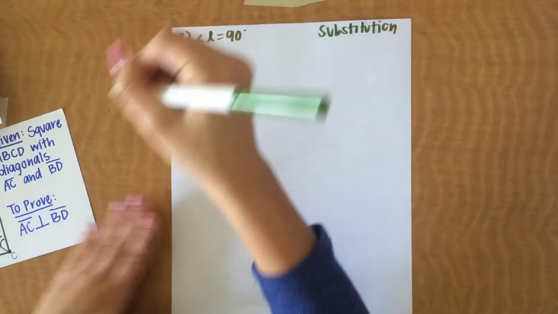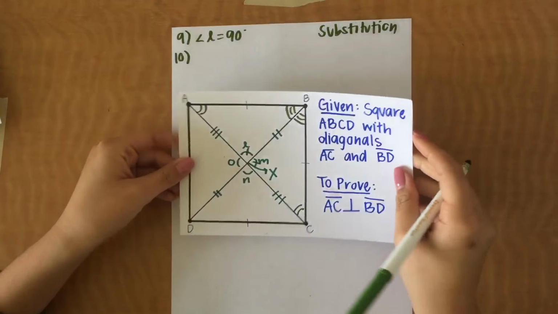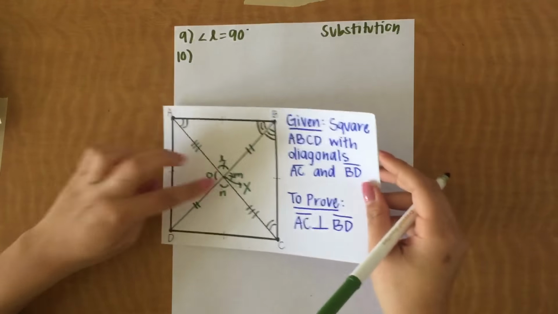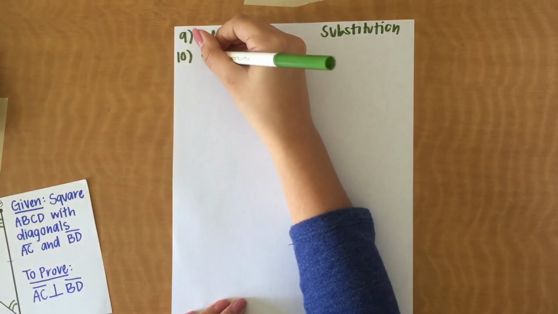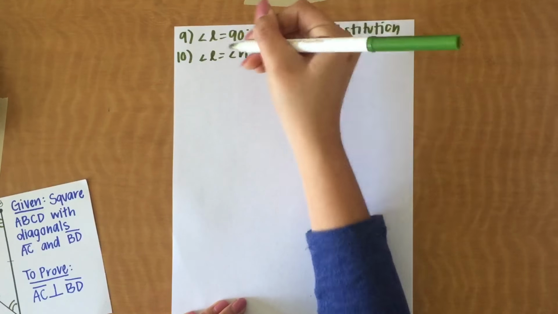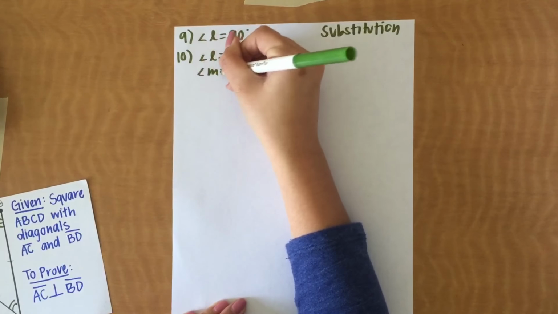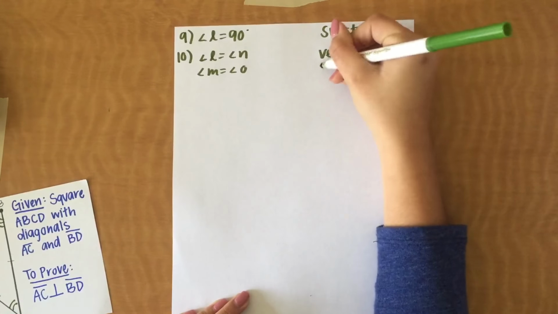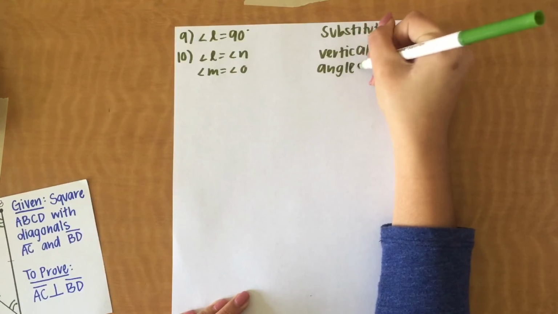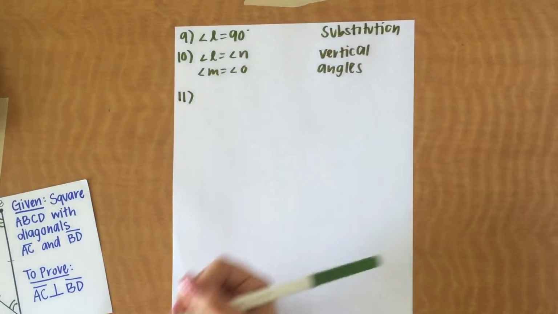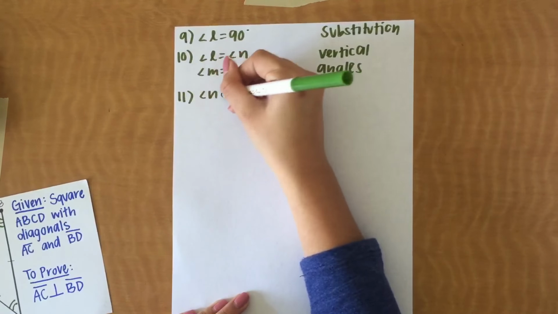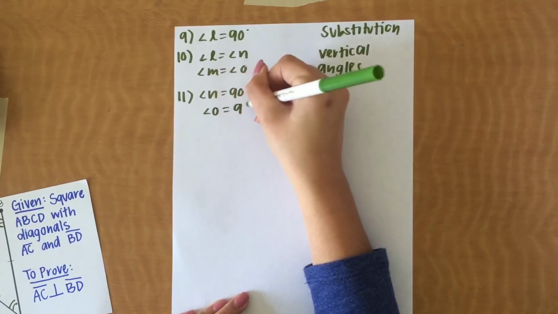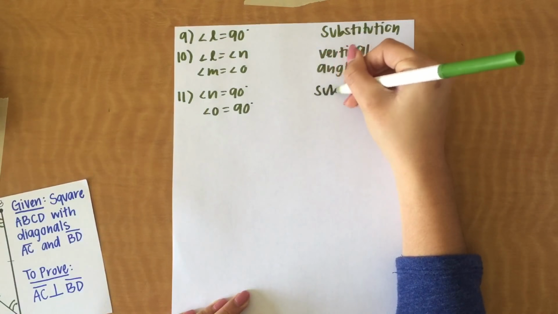And then 10, we can say that angle L equals angle N and angle M equals angle O because of vertical angles. And then lastly, we can say angle N equals 90 degrees, angle O equals 90 degrees. This is substitution.